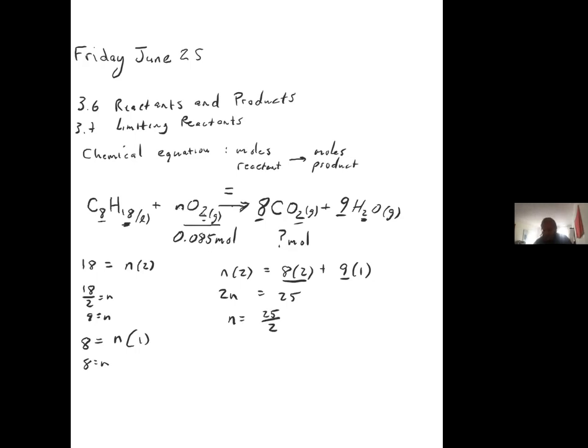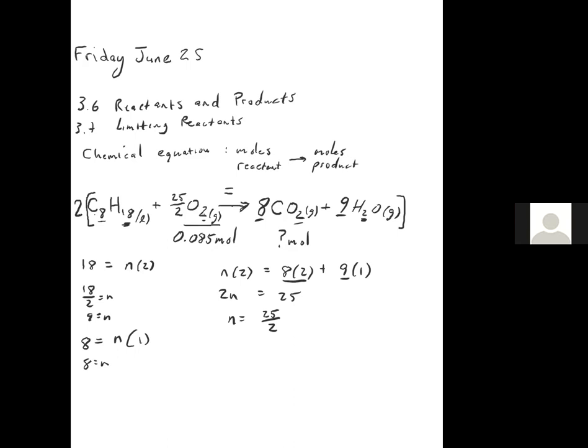Okay? So that's actually a pretty useful way to balance equations. It's certainly not the only way, but it's pretty useful for this. And then, if you want to, you can say, look, we don't want fractions, so we're going to multiply both sides by 2, to get rid of that fraction, right? Because 25 halves times 2 is 25, and that'll give you whole numbers. Generally, you want whole numbers.